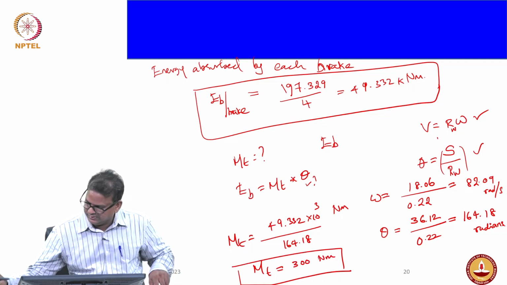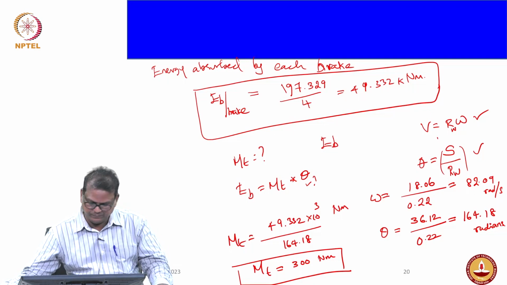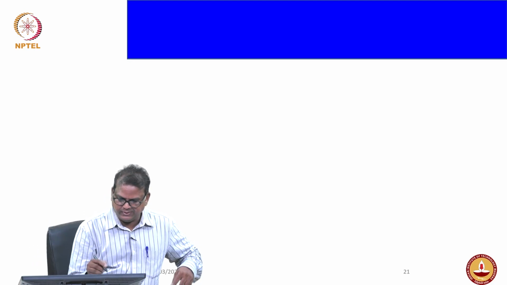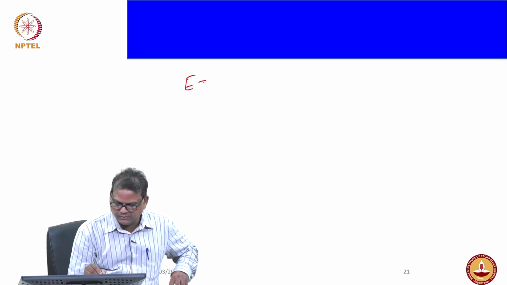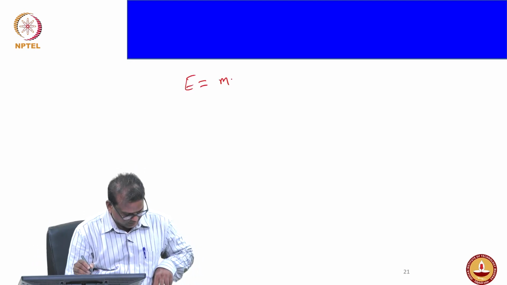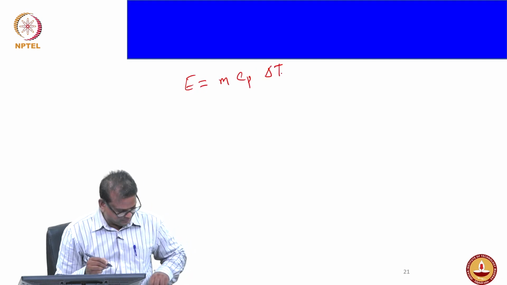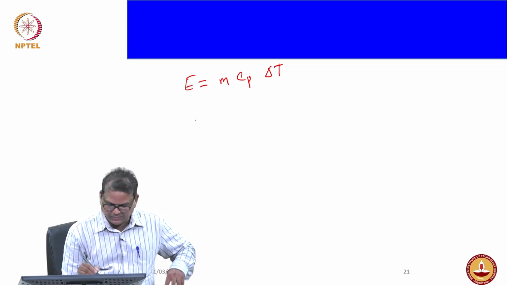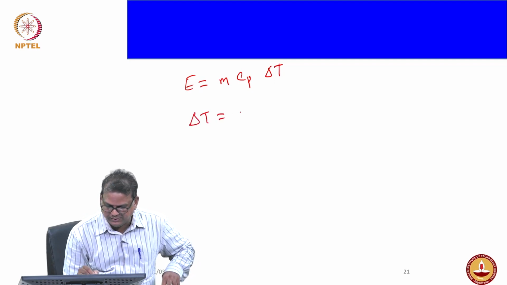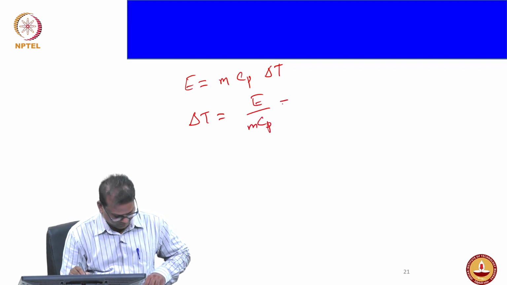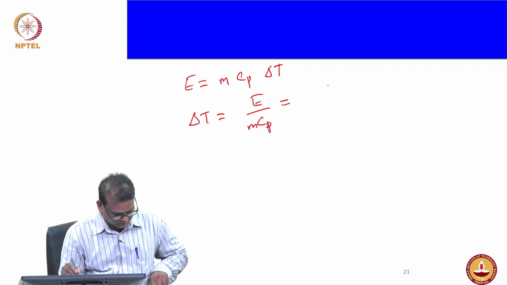Now, another one, temperature rise, right? So, energy equals the cooling law, m into what? Cp into delta T, that is it, right? M into Cp into delta T. So, we need to find out the delta T, right? So, E equals m Cp delta T. So, this will be 49,332.